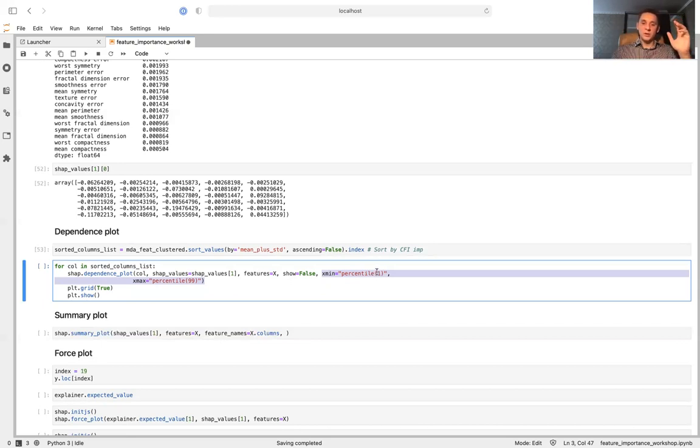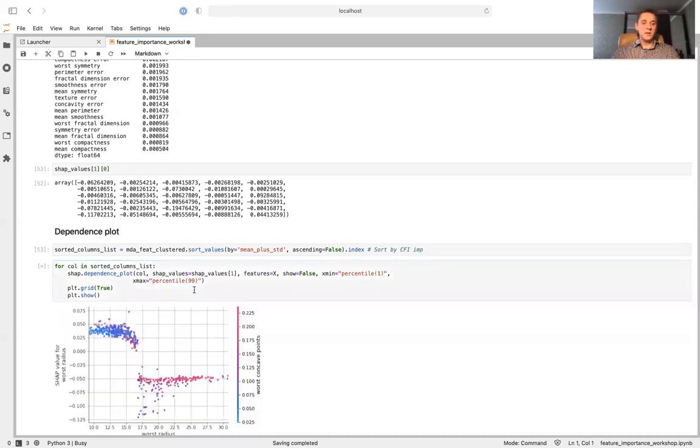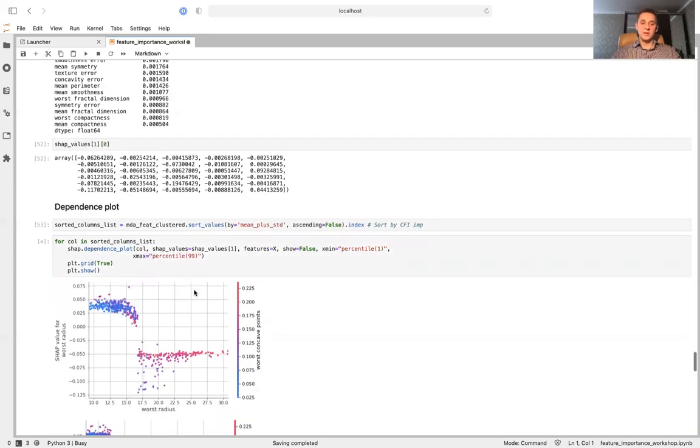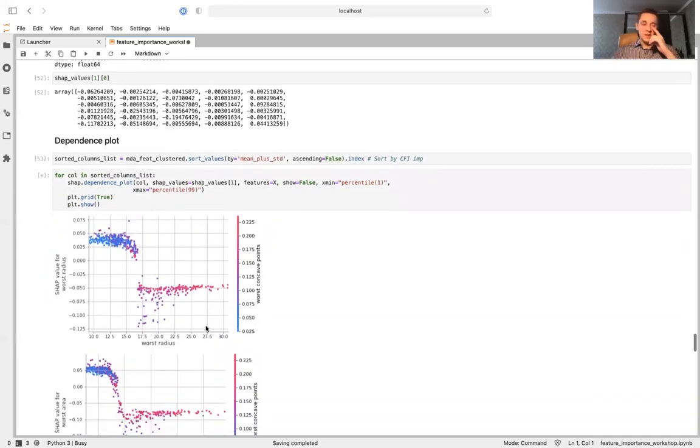Here we'll plot the dependence plots for feature values from the first percentile up to the 99th percentile, which covers almost all feature values but still crops some outliers. So let's plot the dependence plot for our features and see what comes up.